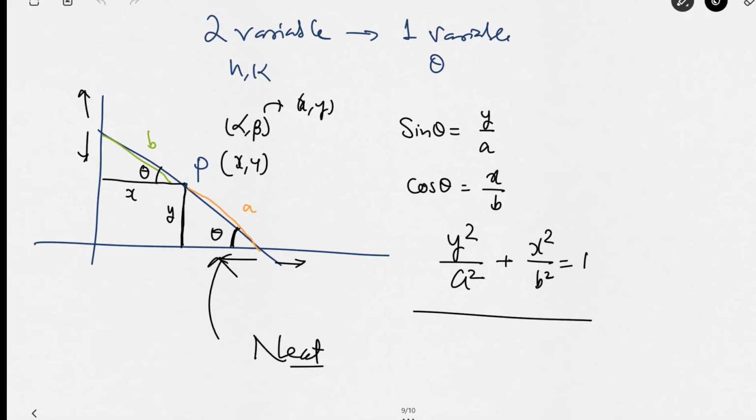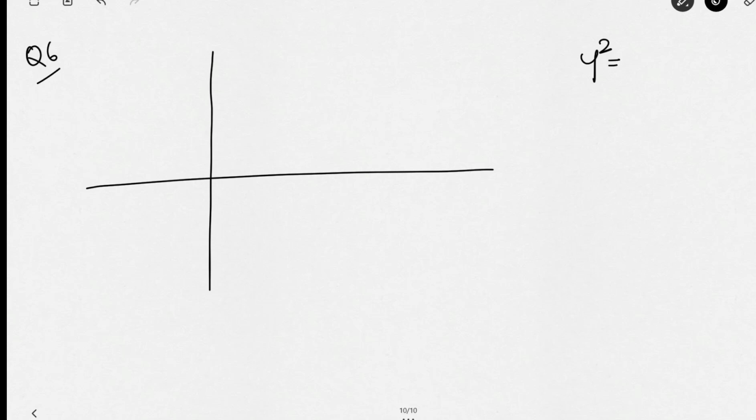Question 6. And the interesting thing is we don't need to understand the nature of graph, right? It says y square equals 8x. So suppose there is some curve, like this, and this is the locus, right?